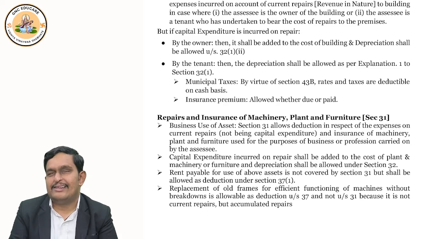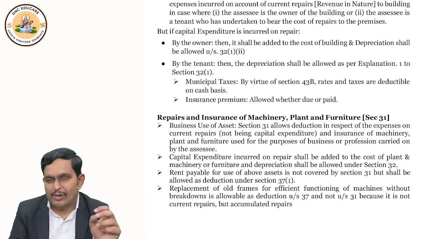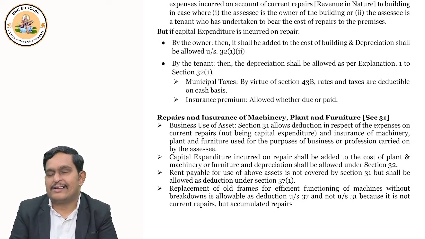But GST, there is a rule. If for plant and machinery, GST, you take input tax credit. So if in the question it is written, input tax credit is claimed for the GST, then you cannot claim depreciation here. Okay?